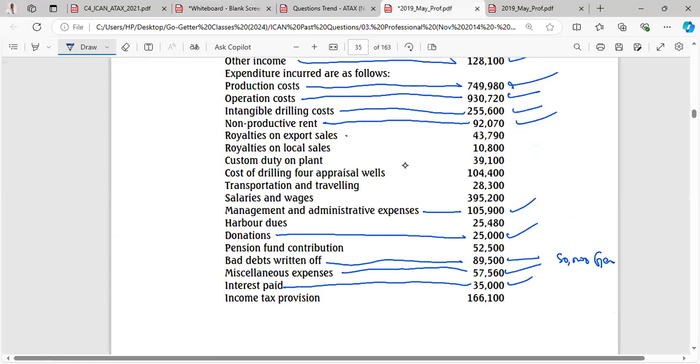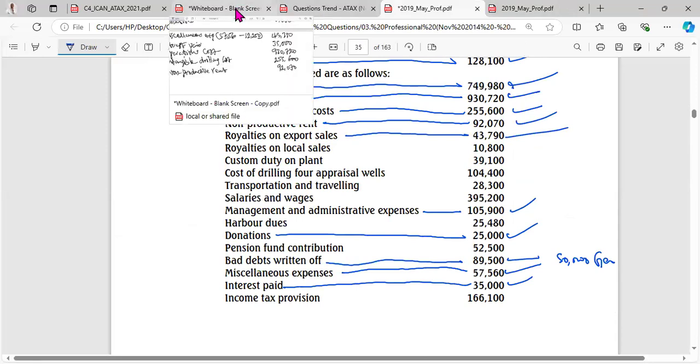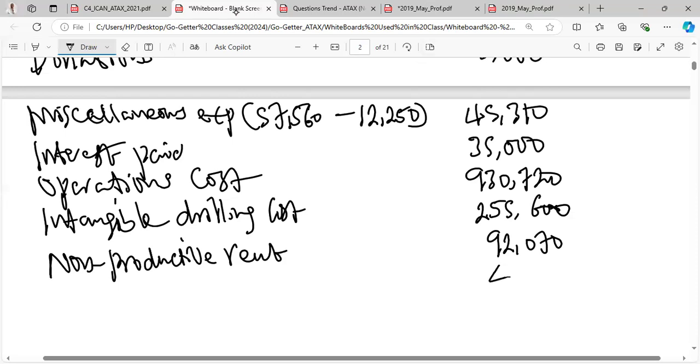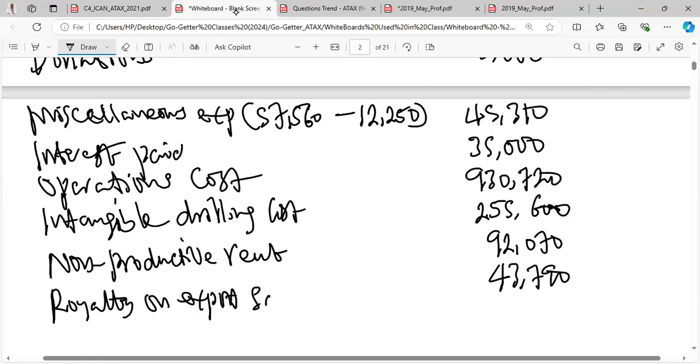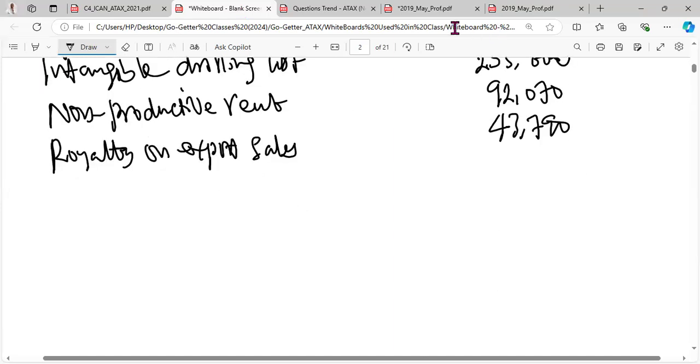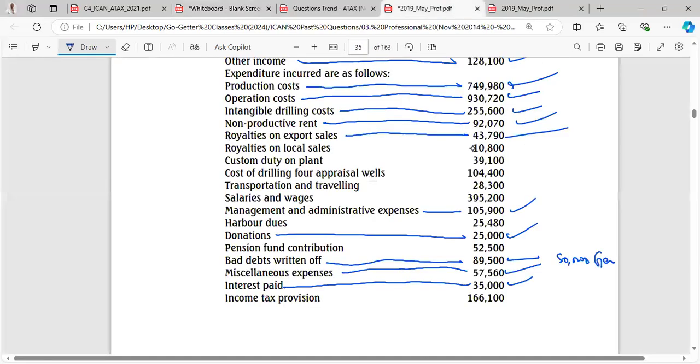Royalty on sales, on export sales, 43,790. So this is royalty on export sales. Then the next one should be royalty on local sales, 10,800.